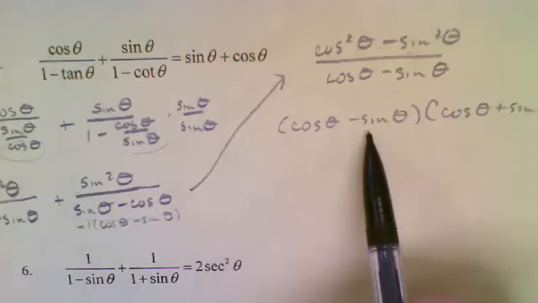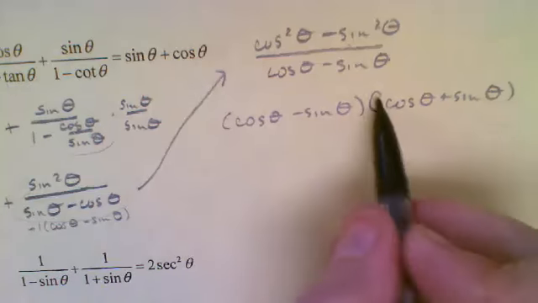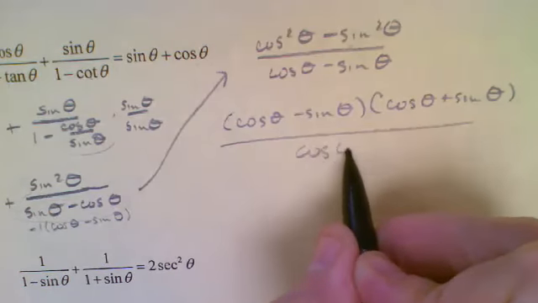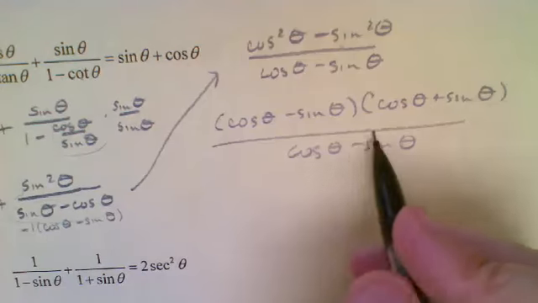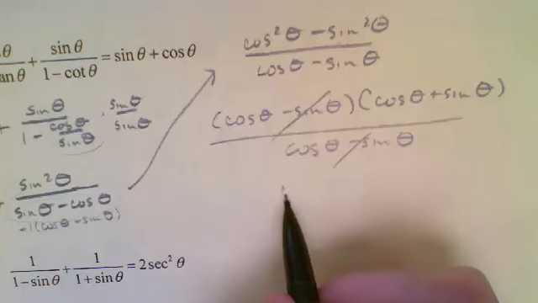If you aren't sure of that, think about multiplying this out: those middle terms drop out, and you'd be left with cosine squared minus sine squared. So we just factored it. And once I factor it, I see that the cosine minus sines cancel out, and I'm left with cosine plus sine.